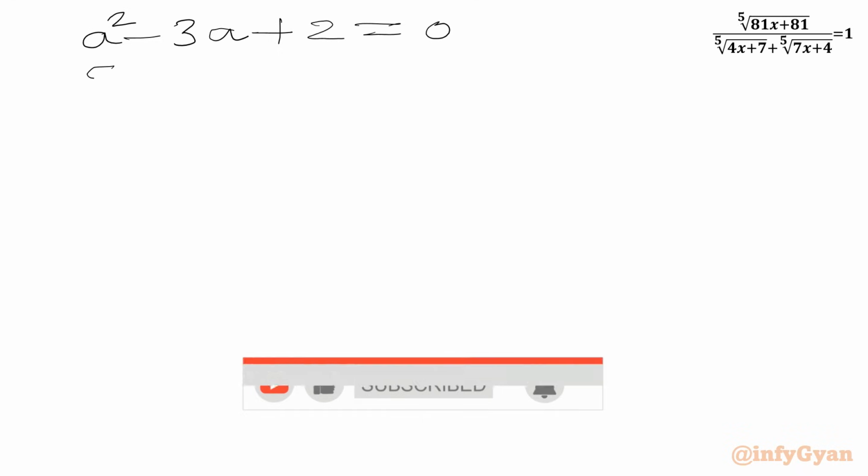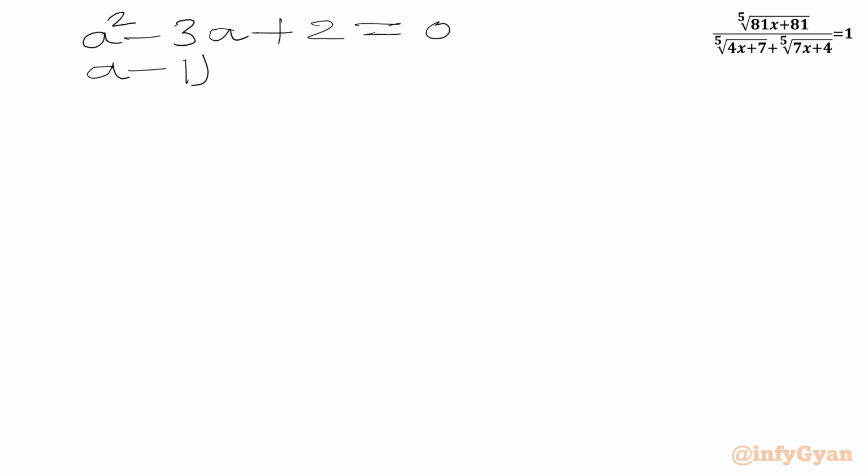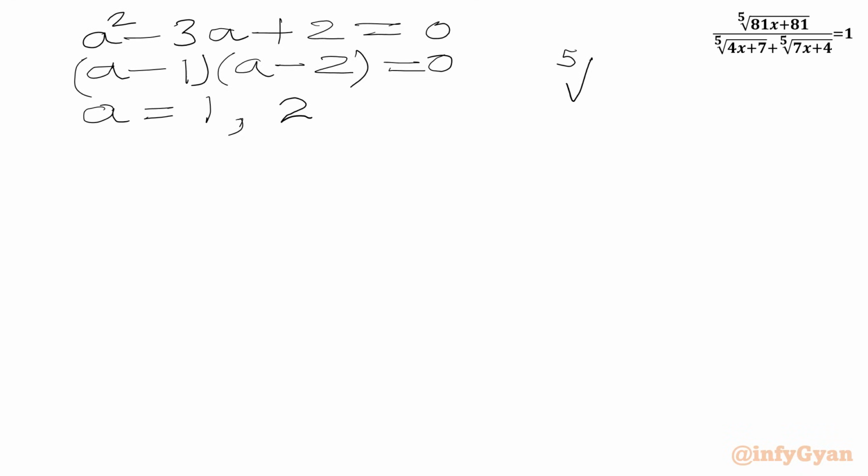Now we can easily factorize (a minus 1) times (a minus 2) equal to 0. Using the product zero rule, we will get two values of a: a equal to 1, a equal to 2. Now our substitution was the fifth root of (12x + 21) over (x + 1), and this was equal to a.